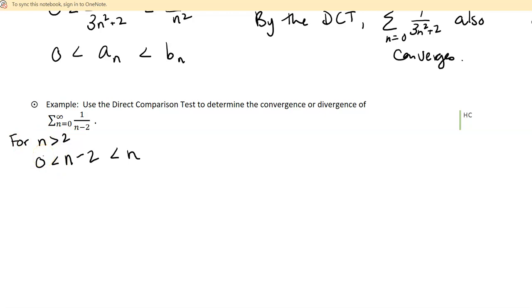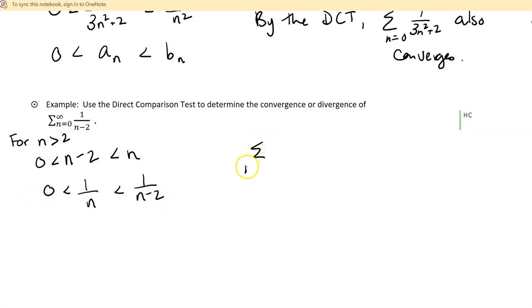So I'm going to be looking at n greater than 2. The first two terms don't really matter because you can calculate those. We just want to know what happens to this thing long term. So I have that 1 over n is less than 1 over n minus 2. And again, if n is greater than 2, both of those things are positive, because we would have a smaller denominator here, which makes for a larger fraction.